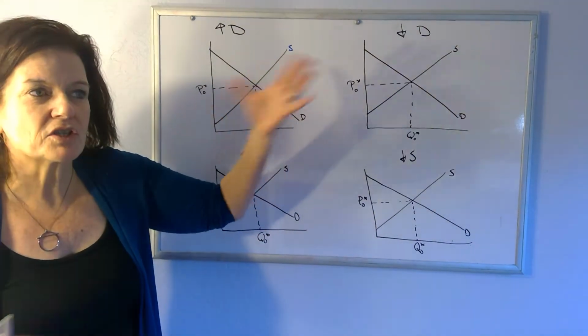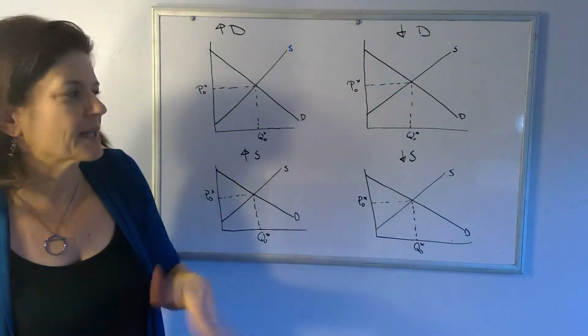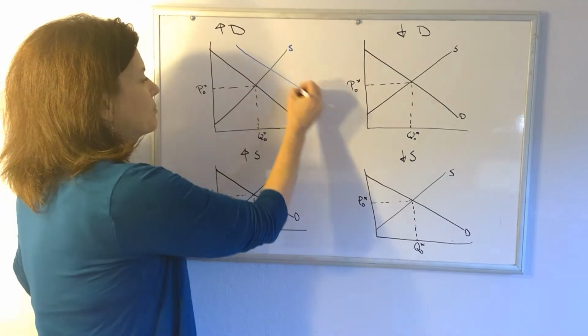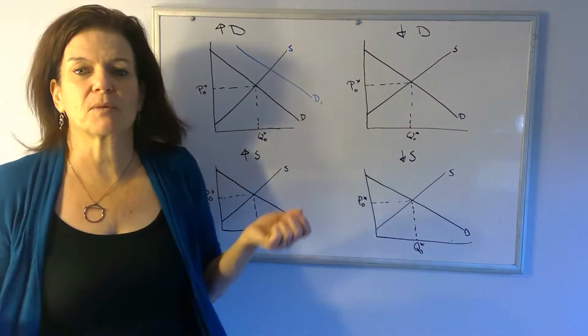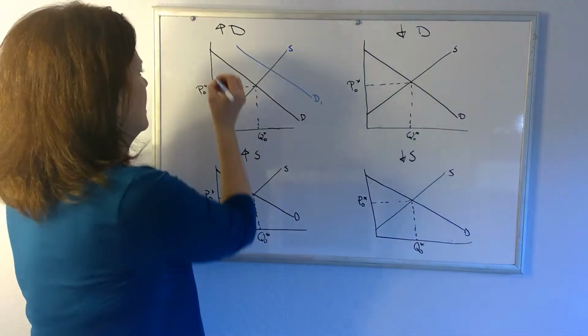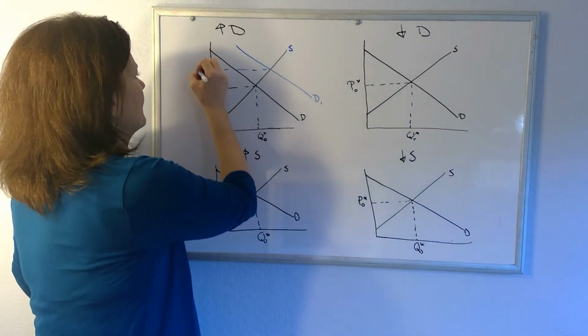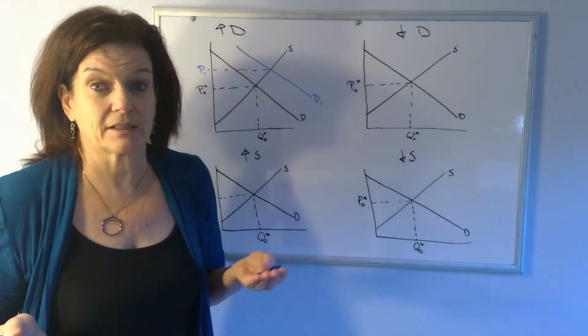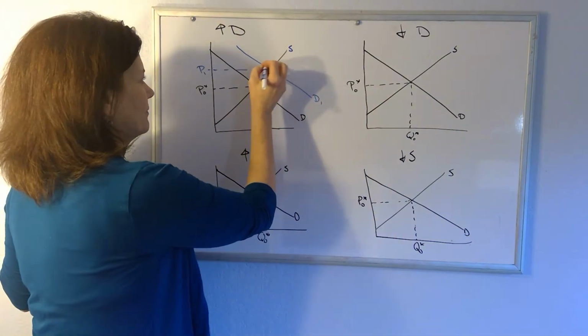But once you know what curve's shifting, no matter what is causing that shift, the impact on the market is going to be the same. If demand for a product increases, it becomes more popular, consumer incomes go up, and it's a normal good. Expectations increase, you just think maybe you won't be able to get it later, like toilet paper during COVID.